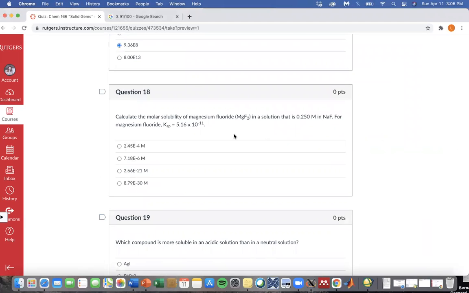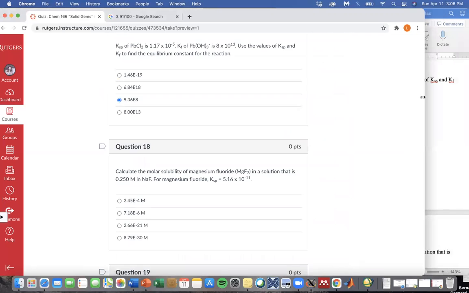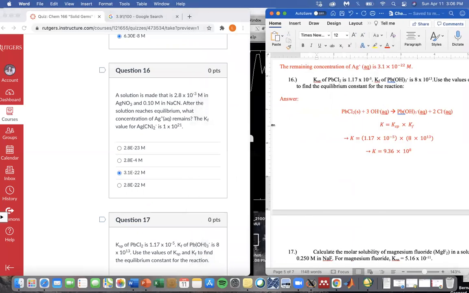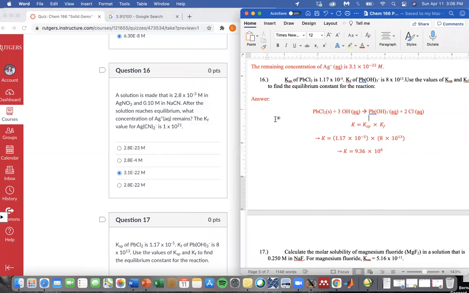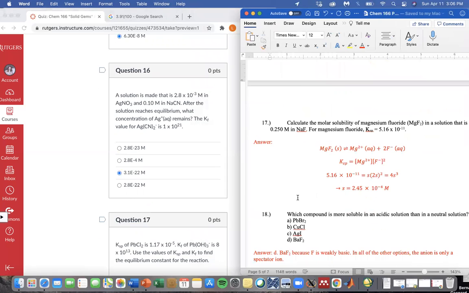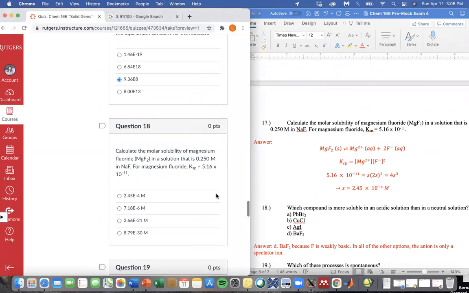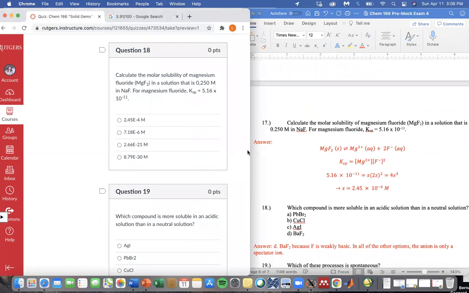You're given, you're trying to find the molar solubility for magnesium fluoride in a solution that is 0.25 M NaF. This goes back to when we were thinking about acidic versus basic solutions and looking at Mg(OH)2, and Kelly talked about the common ion effect and what that means.